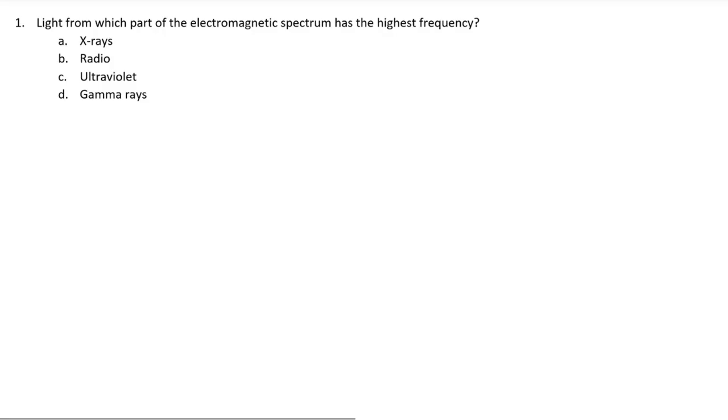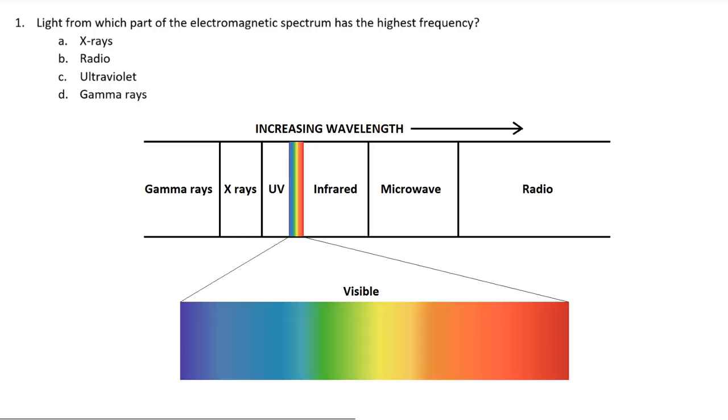This first question is testing our knowledge on energy, wavelength and frequency of different parts of the electromagnetic spectrum. It states that light from which part of the electromagnetic spectrum has the highest frequency. Is it X-rays, radio waves, UV or ultraviolet rays, or gamma rays? Well, if you go back to my image of the electromagnetic spectrum, you will see that gamma rays have the shortest wavelength.